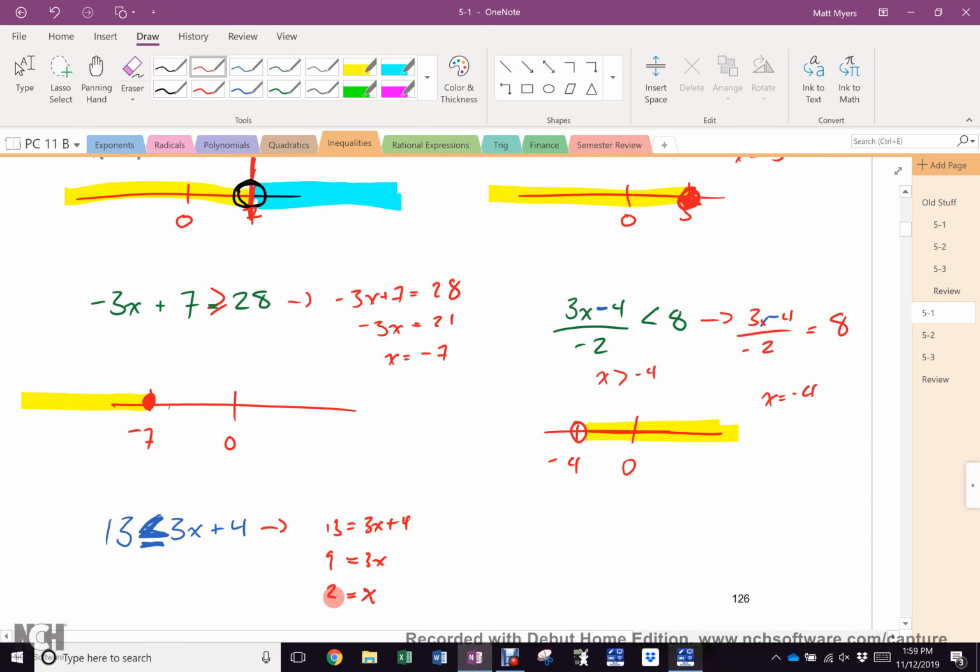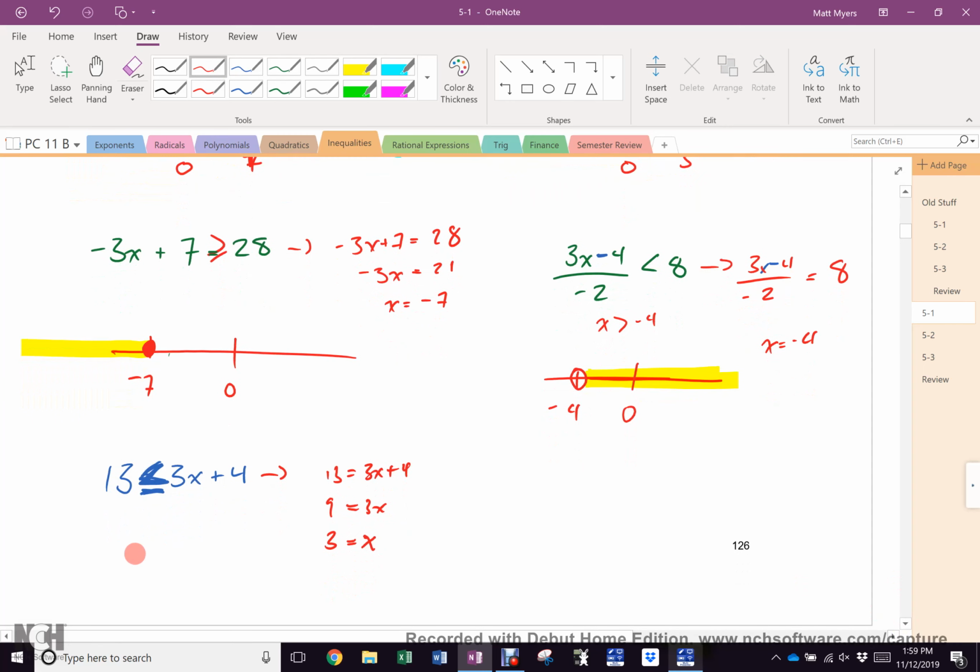X equals 3, right? There's 0. There's 3. So what do we do? So we check with 0. What's 3 times 0 plus 4? Is 13 less than 4? No. So we got to go over this side.